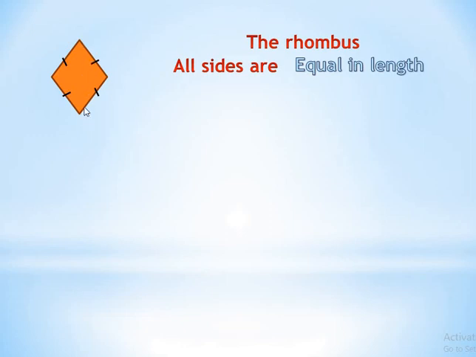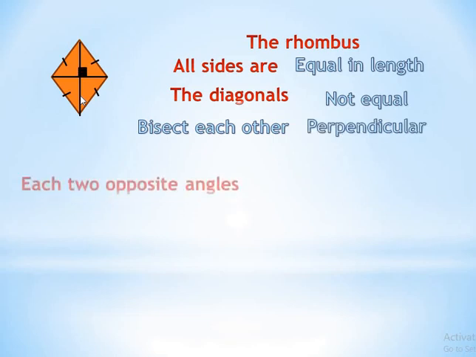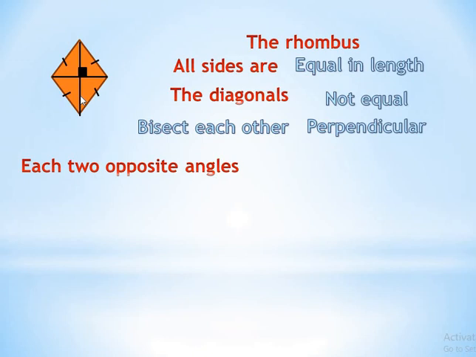No. We have this property here: each two opposite angles are equal. So the diagonals will be equal? No, the diagonals are not equal. But the common property, bisect each other. And perpendicular. So each two opposite angles are equal in measure.